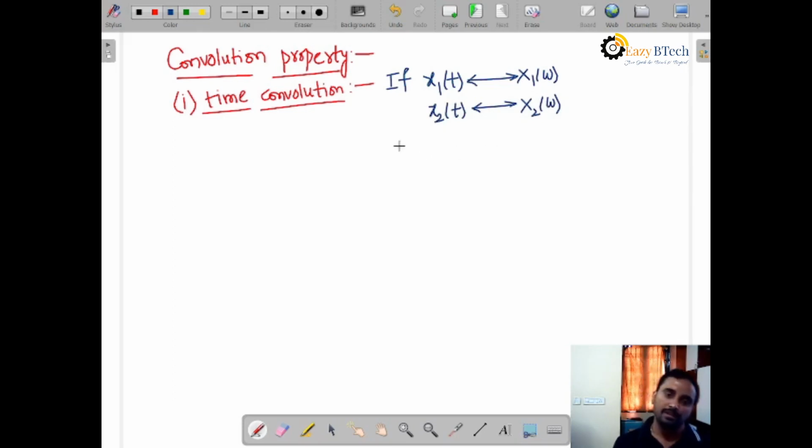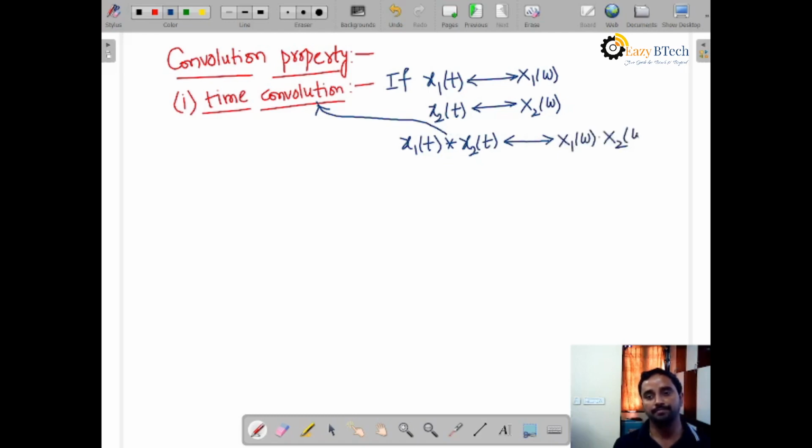Then the Fourier transform of x1 of t convolution x2 of t, where the star symbol is what we call convolution, is x1 of omega into x2 of omega. This is the time convolution because both the signals are in the time domain.